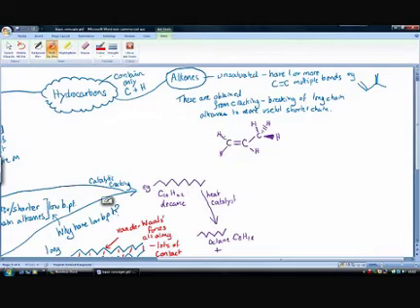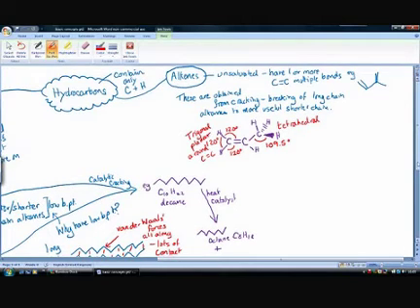If we look around the double bond, the angles are 120 degrees all the way around, and that gives rise to a trigonal planar shape around the carbon-carbon double bond. Now we look at the other part of the molecule, which doesn't contain the double bond. It's a carbon-carbon single bond. The bond angles are 109.5 degrees and make a tetrahedral shape.